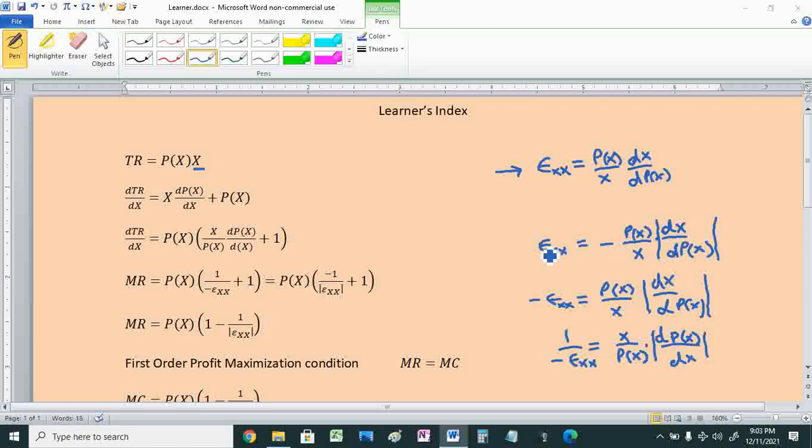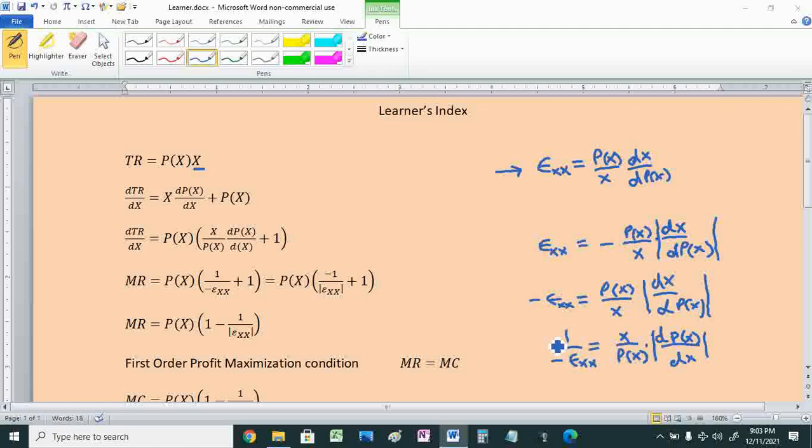Then I multiply both sides of this equation by minus to get minus of own price elasticity of demand equal to this formula. Then I take the inverse on both sides, so that I get 1 over minus e of x equal to x divided by price of x times the modulus of dpx over dx.